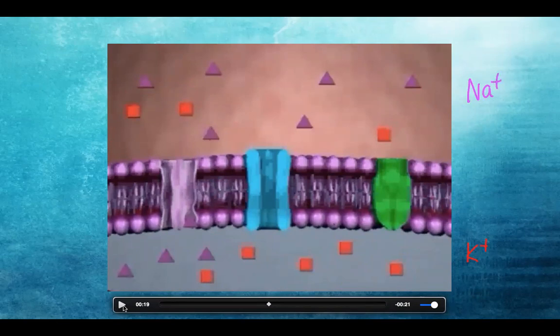So you have a high concentration of sodium outside and a low concentration of sodium inside, and yet you're going to pump sodium out from low to high. You have a high concentration of potassium inside and a low concentration of potassium outside, and yet you're going to pump potassium in. That's active transport.